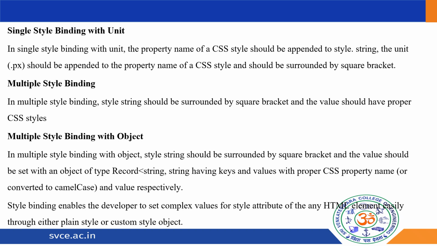In the multiple style binding, the style string should be surrounded by the square brackets and the value should have proper field constraints. The last one, the style string should be surrounded by the square brackets and the value should be set within an object of type record.